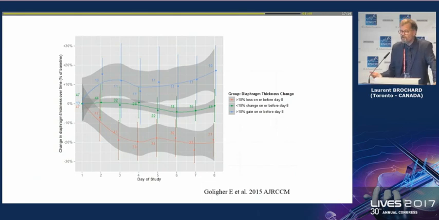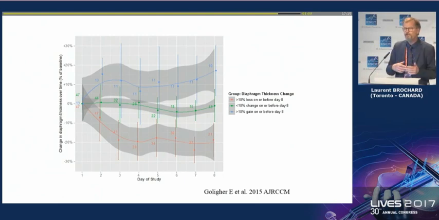Let me now show you some results to see that it does mean something, which suggests that this tool may be used clinically more often. This is a study really run by Ewan Goligher, which shows impressive data, because this is everyday life. 110 patients consecutively enrolled in 3 ICUs in Toronto, in whom we measured the diaphragm thickness day after day.